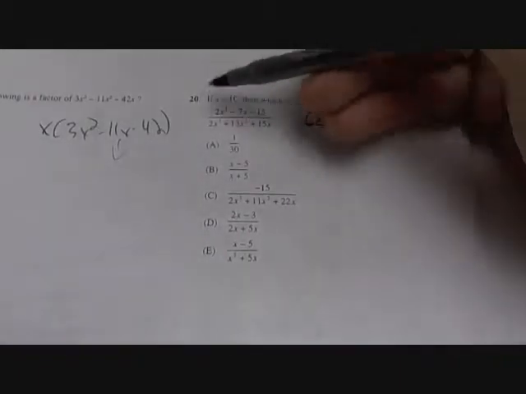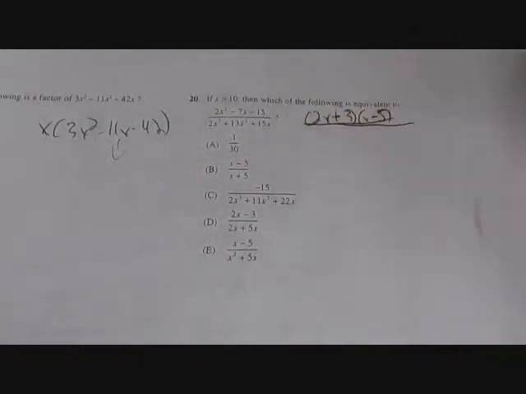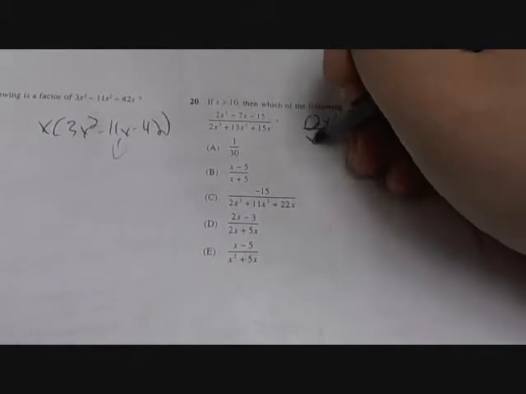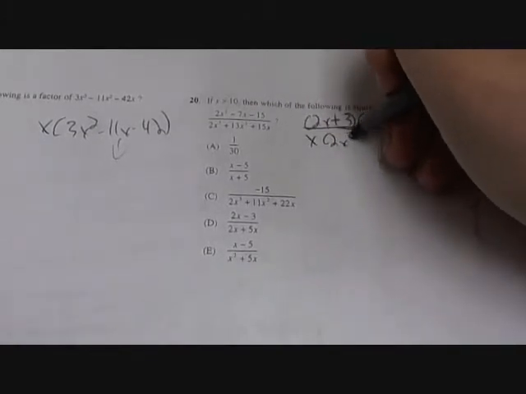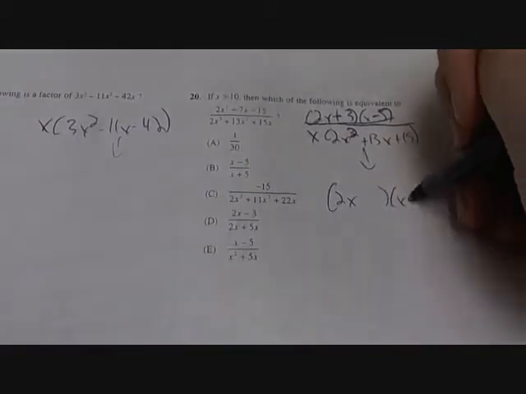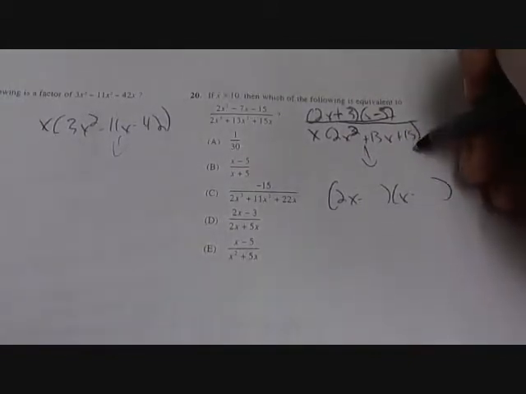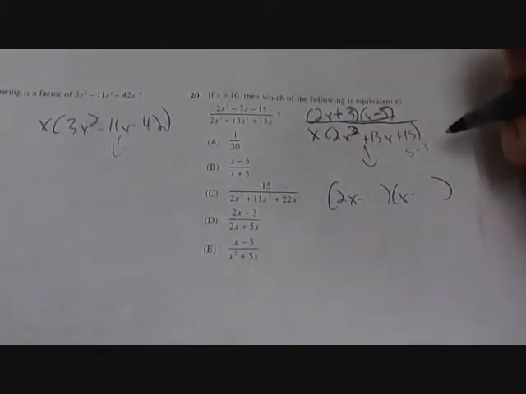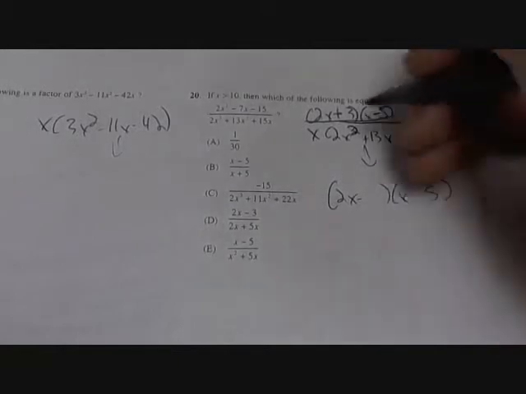Then the bottom, 2x cubed plus 13x squared plus 15x. Factor out 1x. You're left with 2x squared plus 13x plus 15. This factors out into, let's see, what gives you 15? 5 and 3. So we put the 5 here to give you 10 and 3, yes.